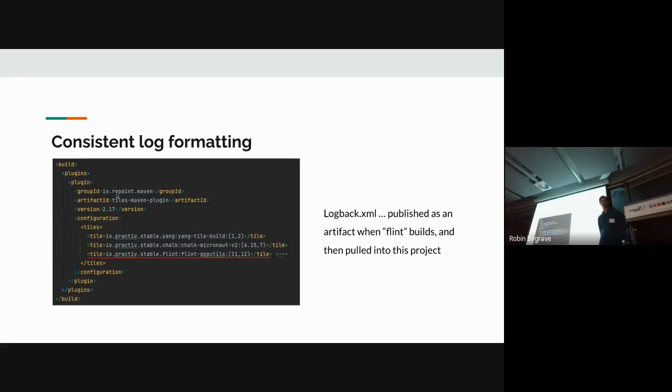What tiles can do, using this artifact concept that Michael talked about, is basically publish a common logback XML that you want to inherit across all your particular projects. And then when you pull this in, you can add anything to this really.